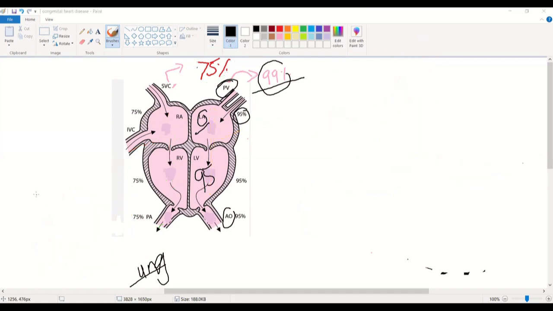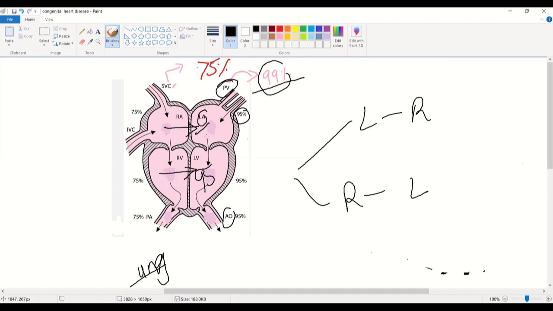There are two types of shunt: left to right and right to left. Right to left means deoxygenated blood mixes with oxygenated blood.